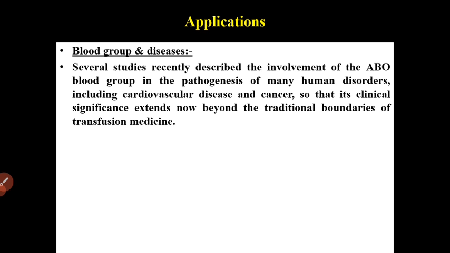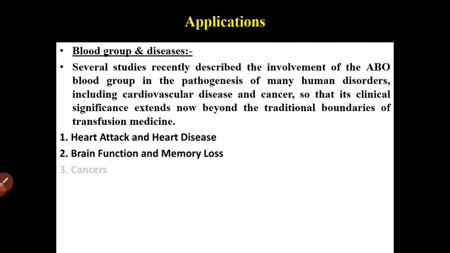Next, several studies recently described the involvement of ABO blood group in the pathogenesis of many human disorders, including cardiovascular disease and cancer, so that its clinical significance extends now beyond the traditional boundaries of transfusion medicine.